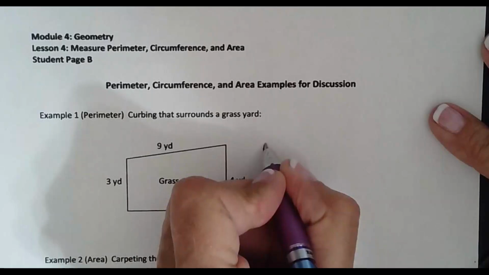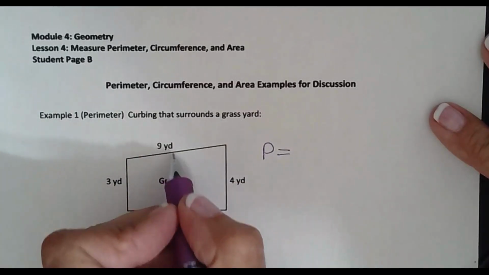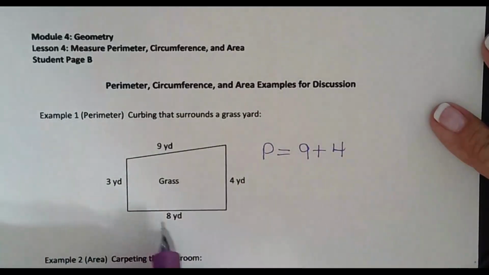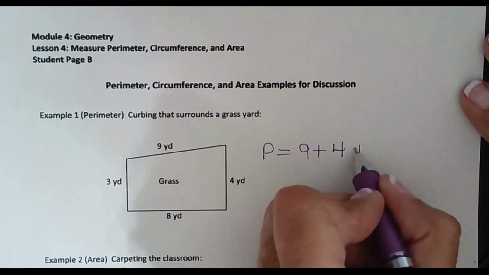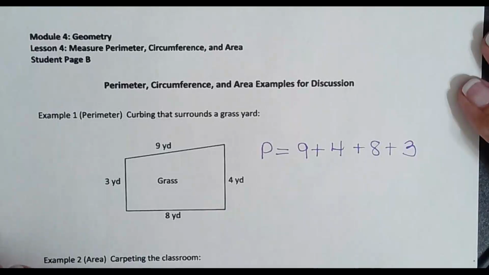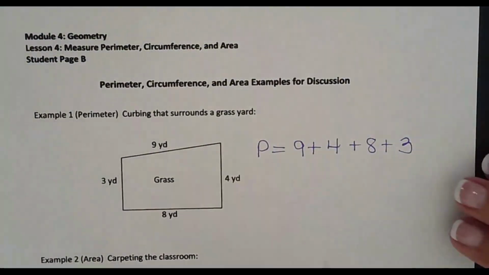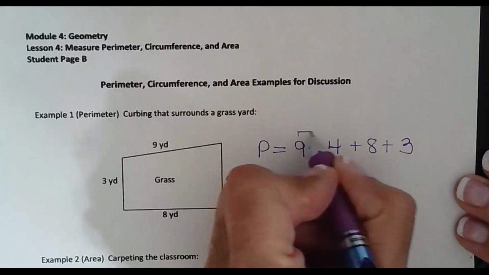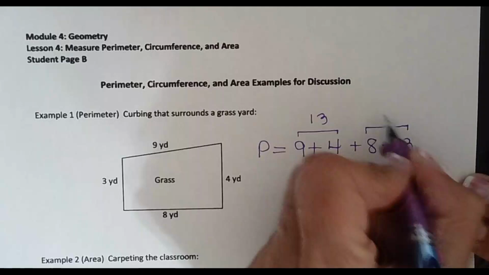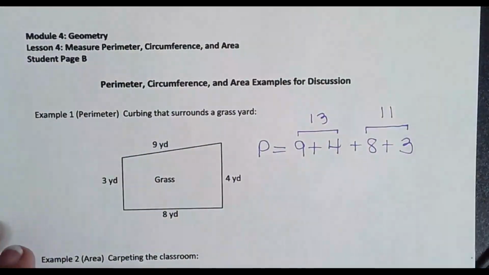So perimeter would be 9 plus 4 plus 8 plus 3. So 9 plus 4 plus 8 plus 3. This gives me 13. This gives me 11. And I know you can use your calculator, but remember on the final you can't.